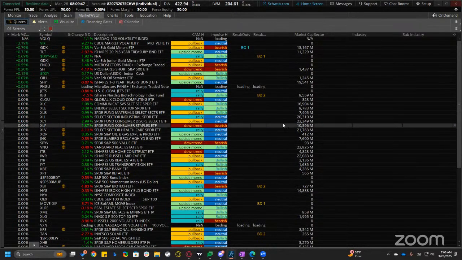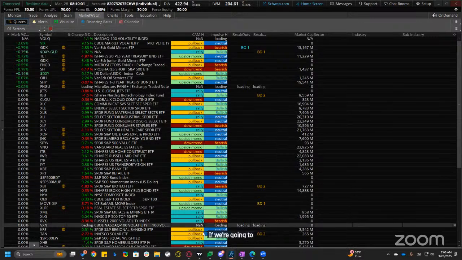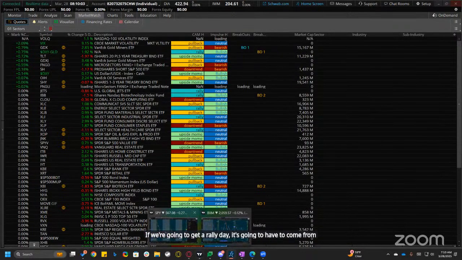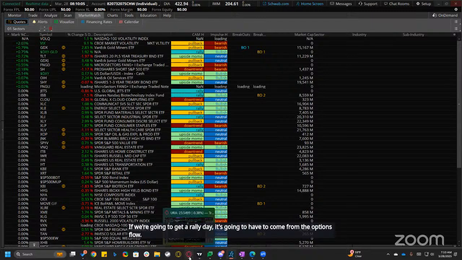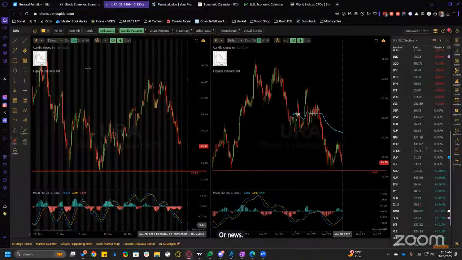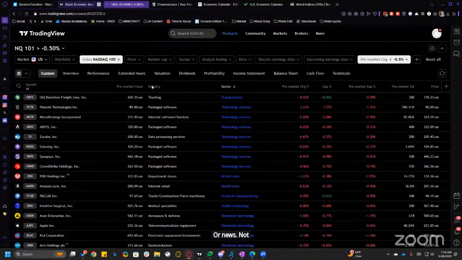Looking at what's up this morning, gold and bonds, and the VIX, of course. If we're going to get a rally day, it's going to have to come from the options flow or news, not from the broader market breadth.